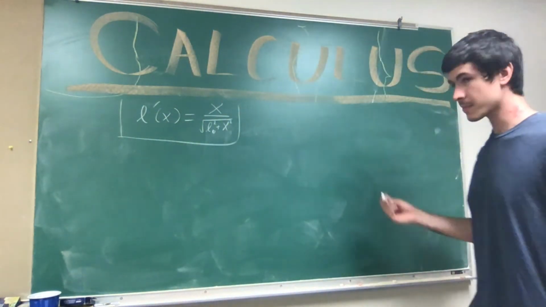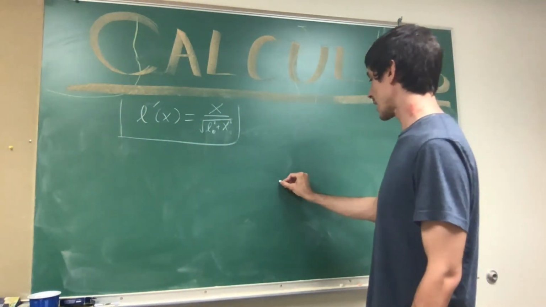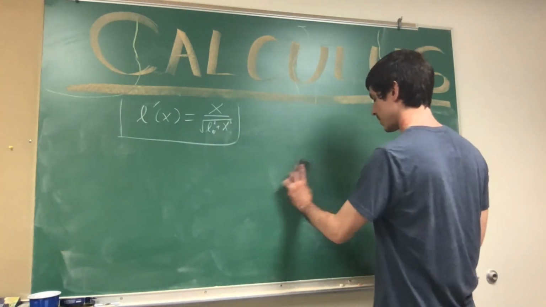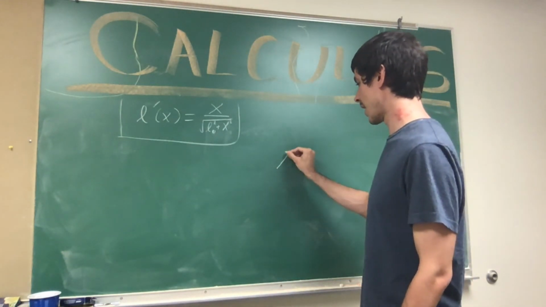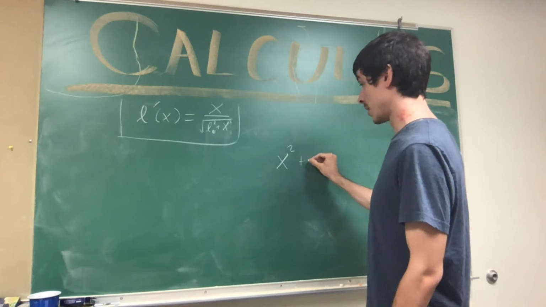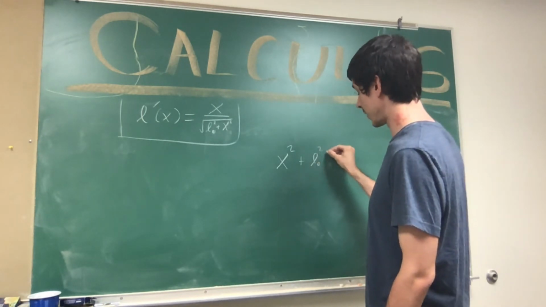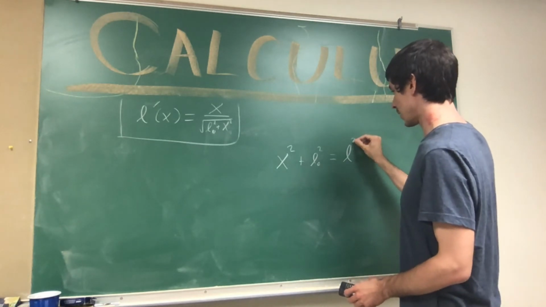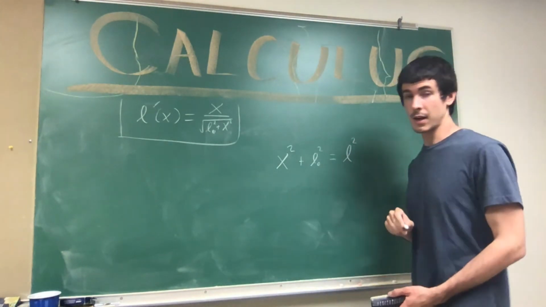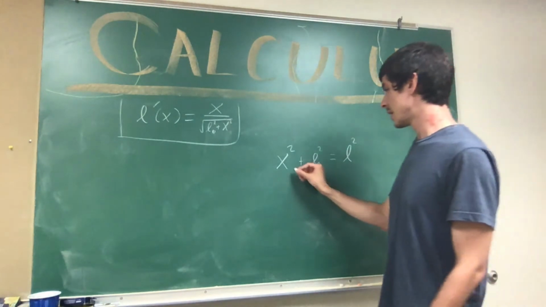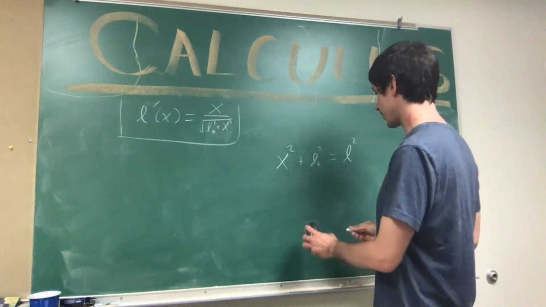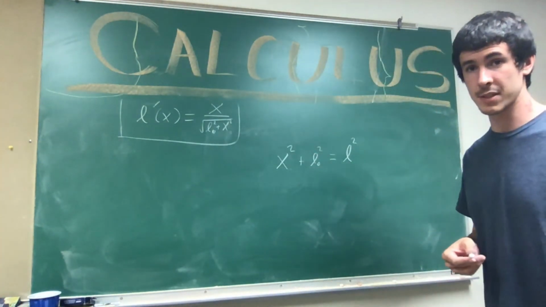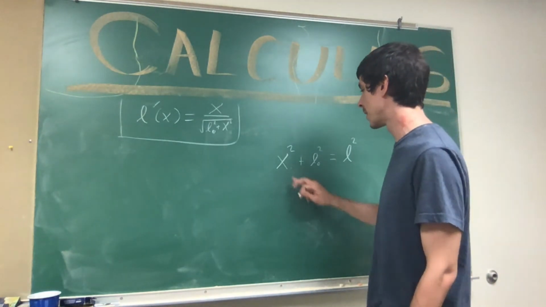So, we again have x squared plus L0 squared equals L squared. But now x is a function of t, and so when we perform our implicit differentiation, we're going to need to keep that in mind.